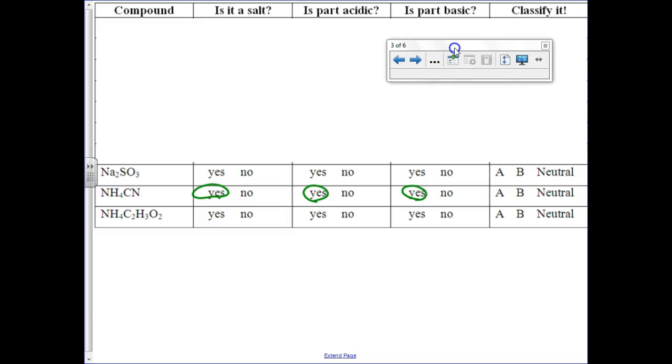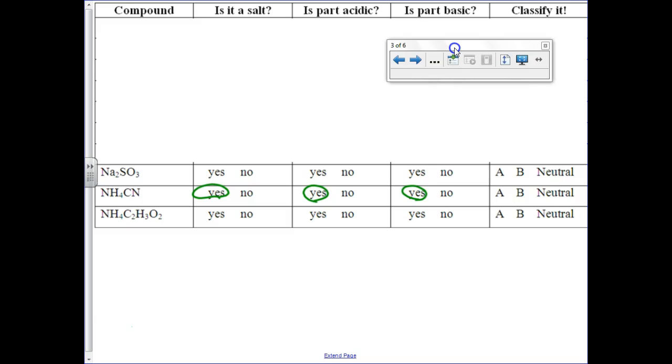To figure out whether this salt is truly acidic or truly basic, we have to compare the acid strength of the ammonium with the base strength of the cyanide. So we need the Ka of ammonium and we need the Kb of cyanide. What's the Ka of ammonium?